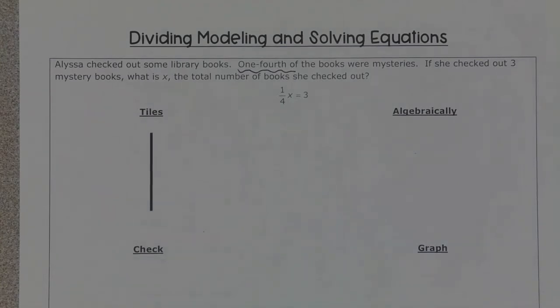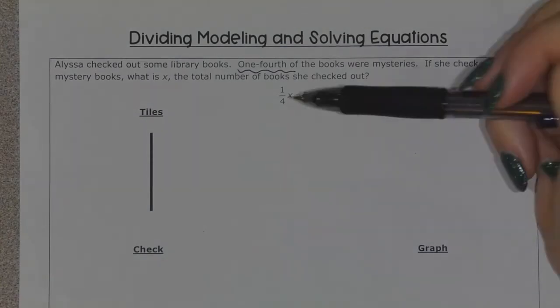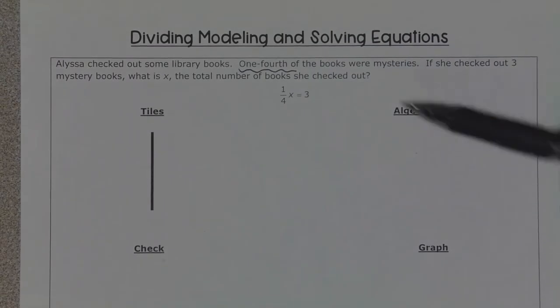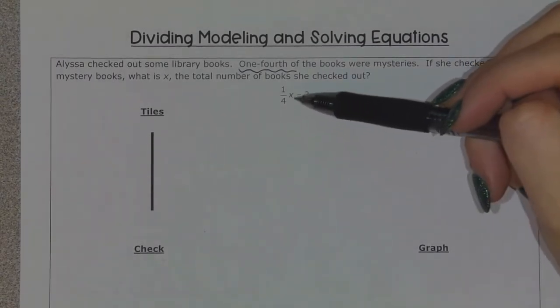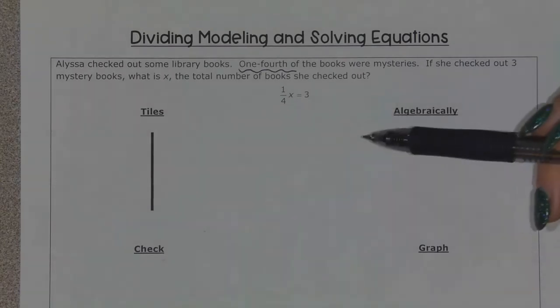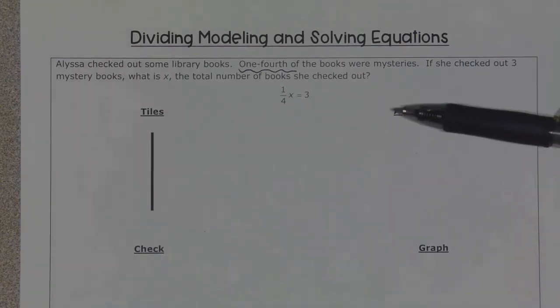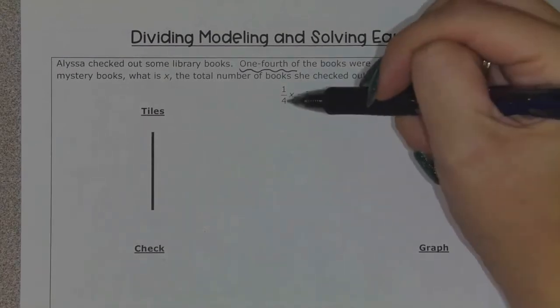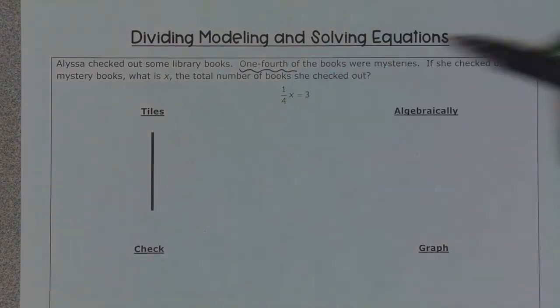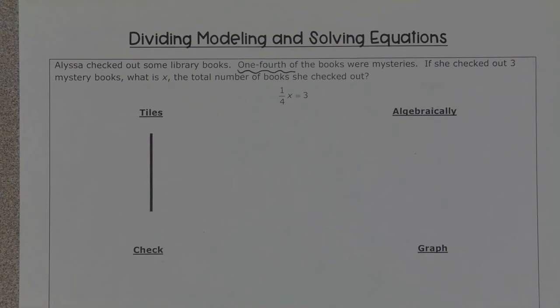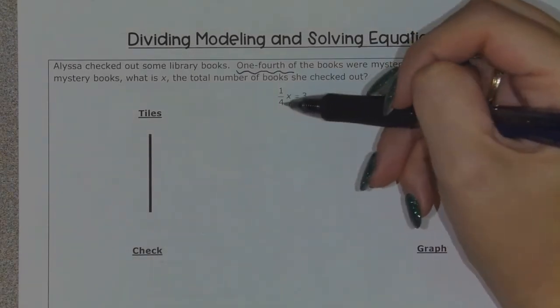You might be wondering, Miss Smith, you just said this was division, and I see multiplication right here. And you are correct. This is multiplication, right? If I'm multiplying times 1/4, that shows multiplication, but I can turn this into a division problem. Multiplying by 1/4 is the same thing as dividing by the reciprocal.